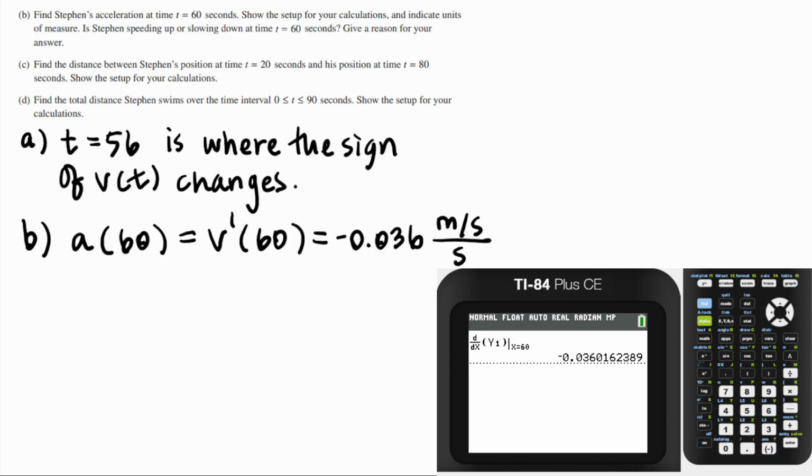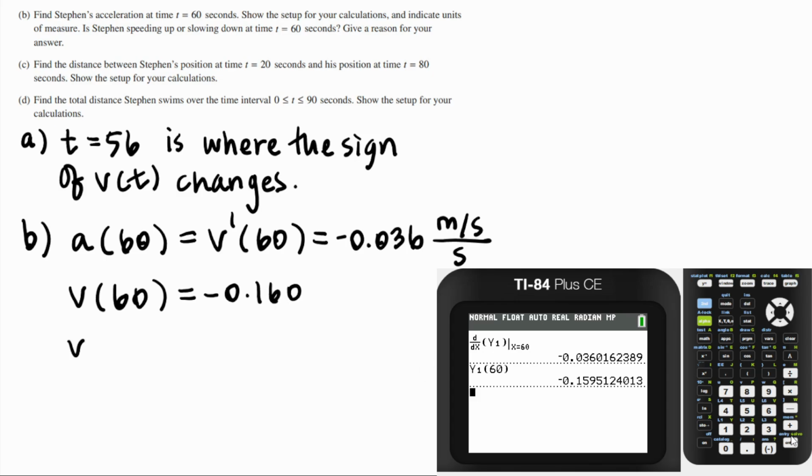And then is Stephen speeding up or slowing down at time t equals 60 seconds? Well, we need to know about velocity. So velocity at time 60 is equal to, well, we'll just use the calculator for that as well. So now let's call for y1, and we're going to plug in 60 into the velocity formula, and we'll get negative 0.160.